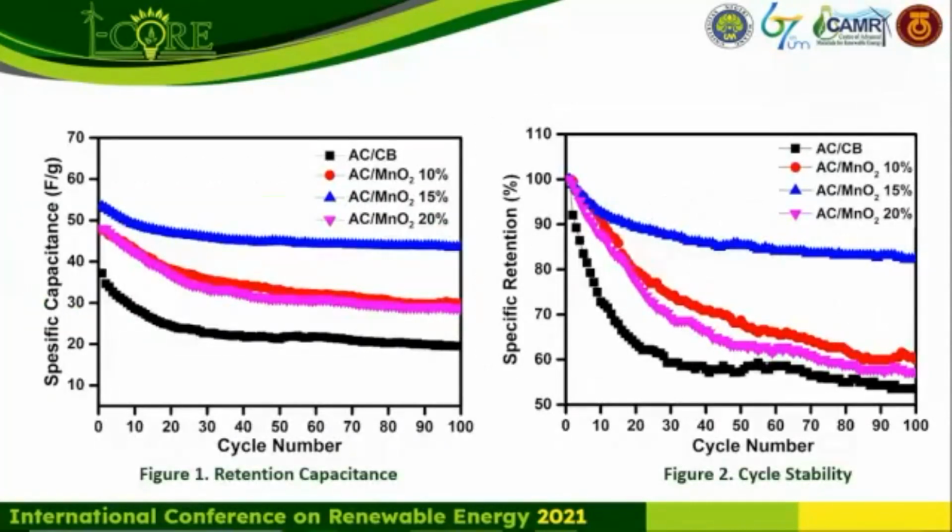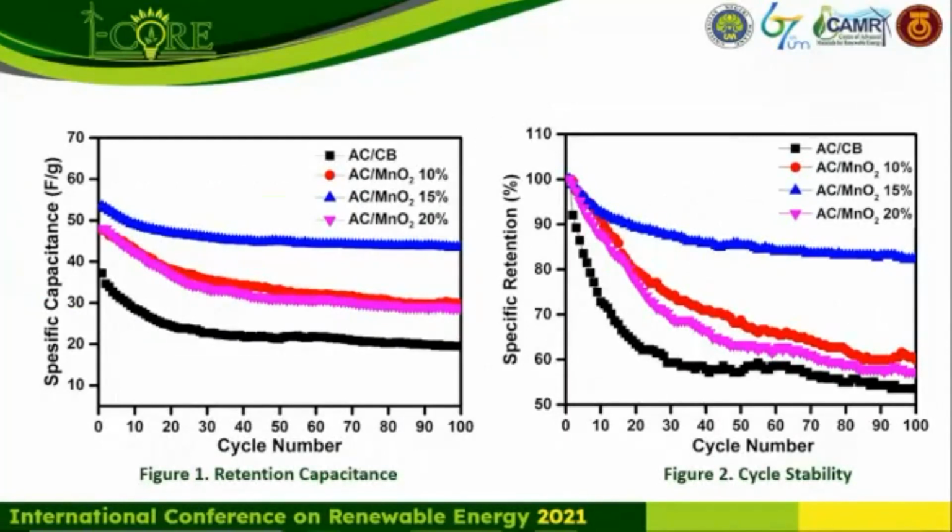The stability of electrochemical performance through the discharge characterization was obtained at a current density of 0.1 ampere per gram, as presented in figure 1. The specific capacitance of 15% AC/MnO2 decreased slowly, demonstrating high retention capability.